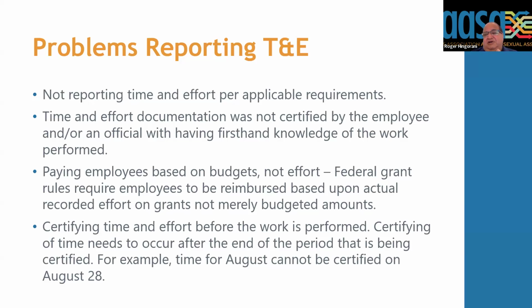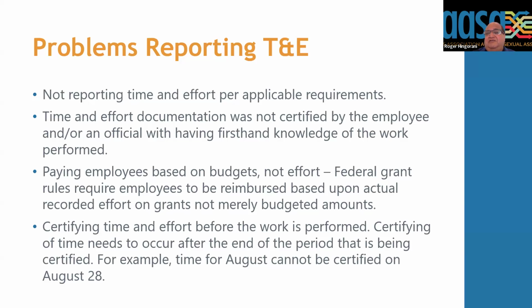If you're paid 100% from the grant or worked on a single objective, it's a little bit easier. You can go back and create a semi-annual certification or any type of certification that basically certifies that you spent 100% of your effort on this grant. But if you're paid from multiple funding sources, you have to report multiple activities for those sources.